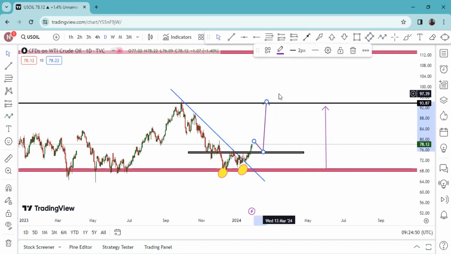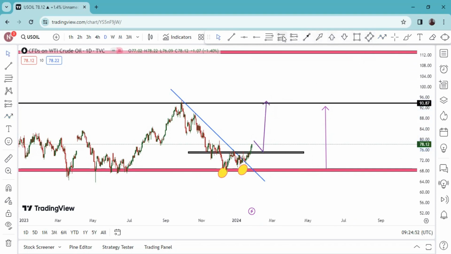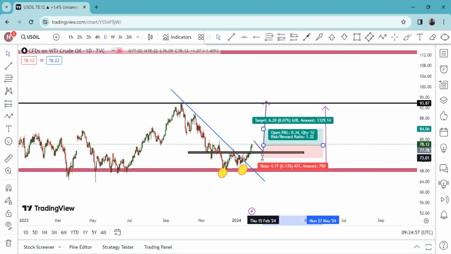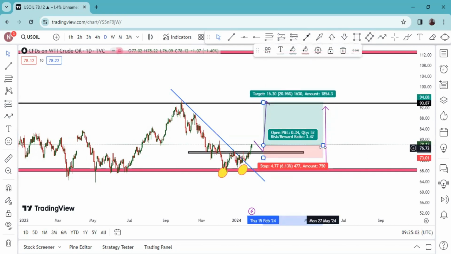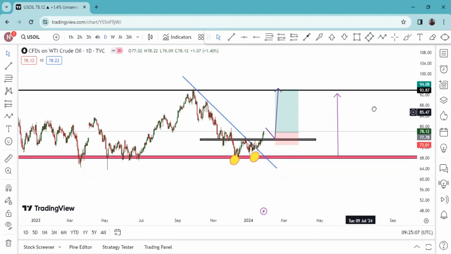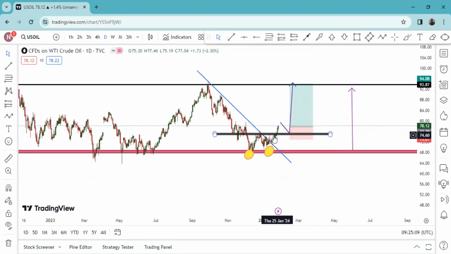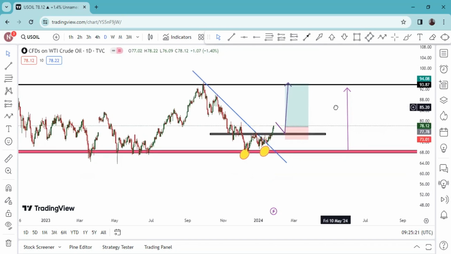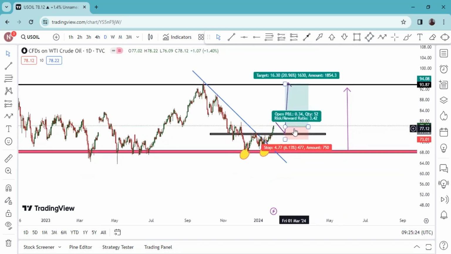Then we can take our trade from here. This is what I'm expecting on US oil. But if the market pulls back to this neckline and Fibonacci also confirms that the pullback is complete, then I can take this trade.